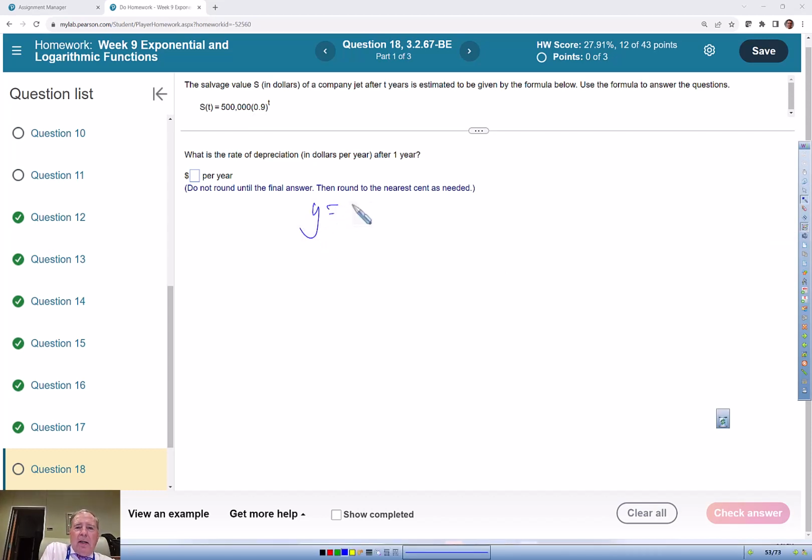If y equals b to the x, y prime equals the natural log of the base times base to the x power, the original function. Now here we have a constant multiple of 500,000.